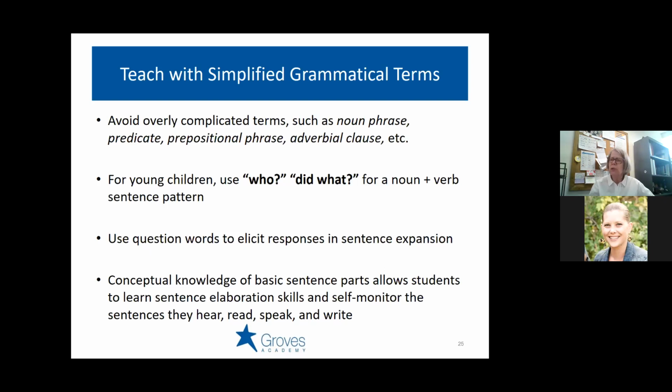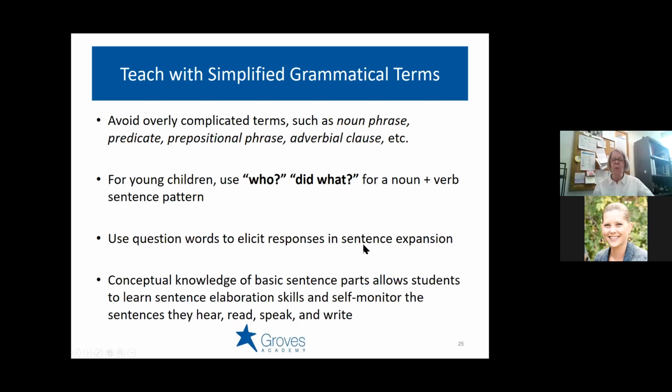No, thank you. Or you could add a prepositional phrase here. You can use a question to say where, when, how, to elicit good sentence expansion responses. So by building the concepts rather than just the terminology of basic sentence parts, students learn how to expand sentences and how to self-monitor the sentences they hear, speak, and write.